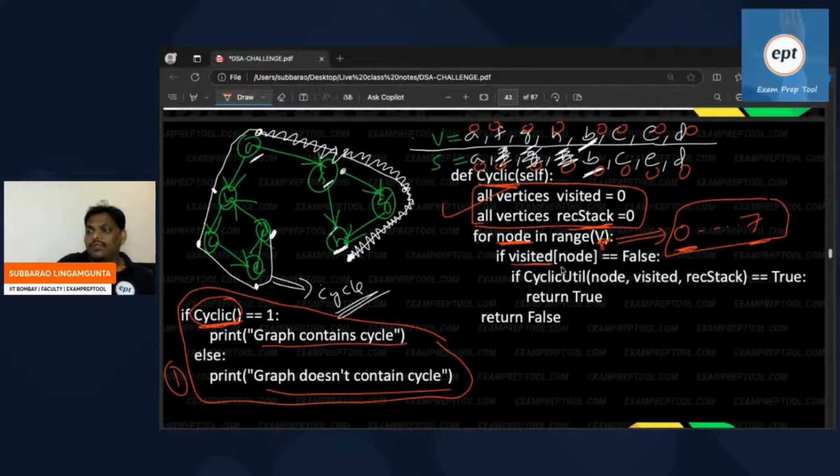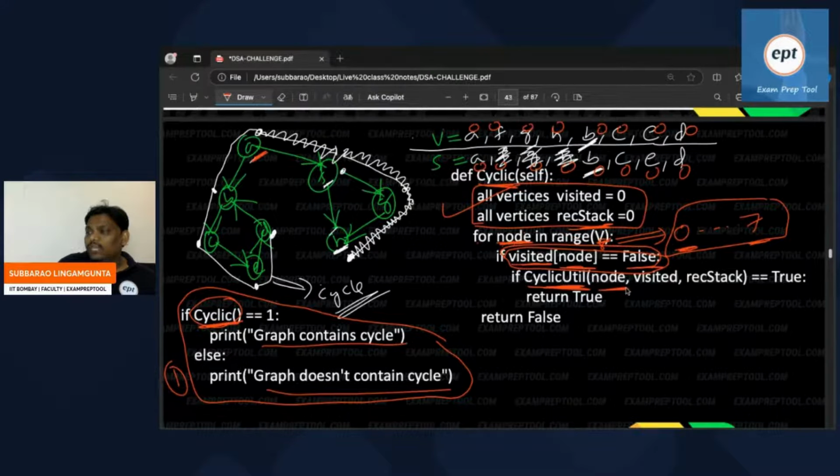Visited of A, check whether it is true or false. If it is false, meaning if not visited, then only you can visit. If visited of A is equal to false, meaning that node is not visited, I started from A which is not visited, then call one more function, cyclic util.